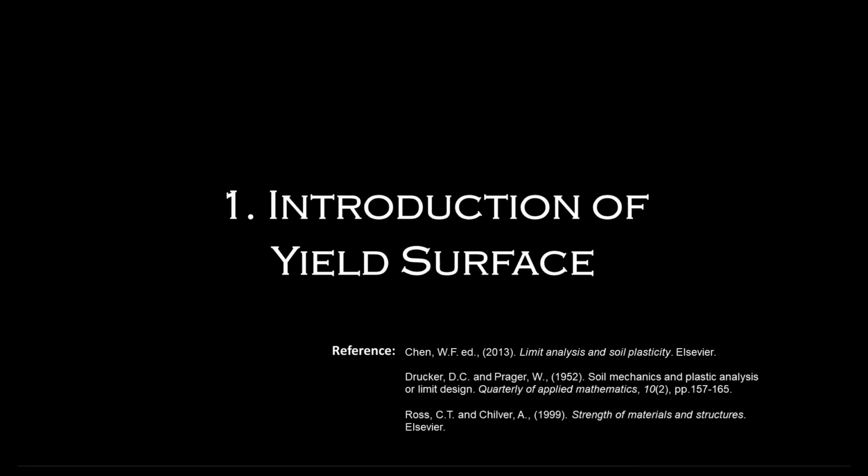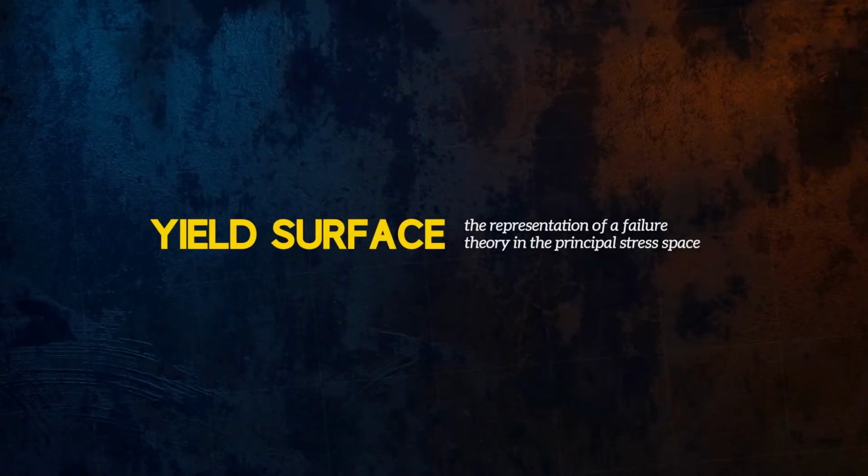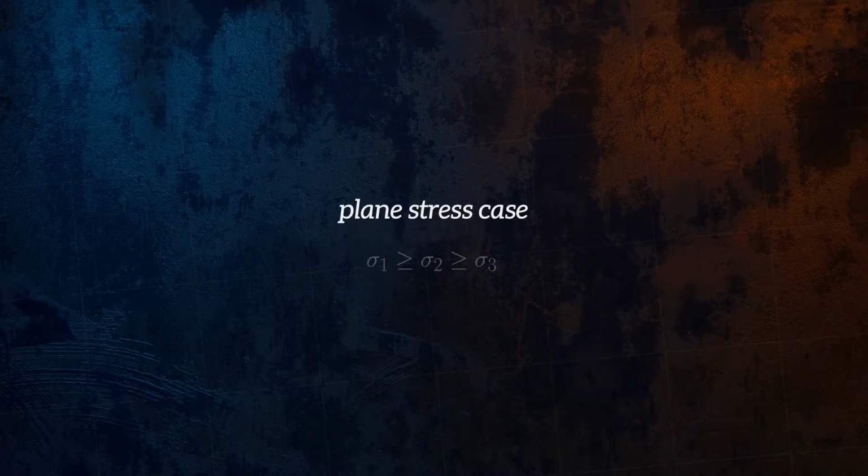A yield surface is the representation of a failure theory in the principal stress space, which sounds more complicated than it actually is. To keep things simple, let's start by considering a plane stress case, where one of the three principal stresses is equal to 0. By convention, principal stresses are ordered from largest to smallest, like this.